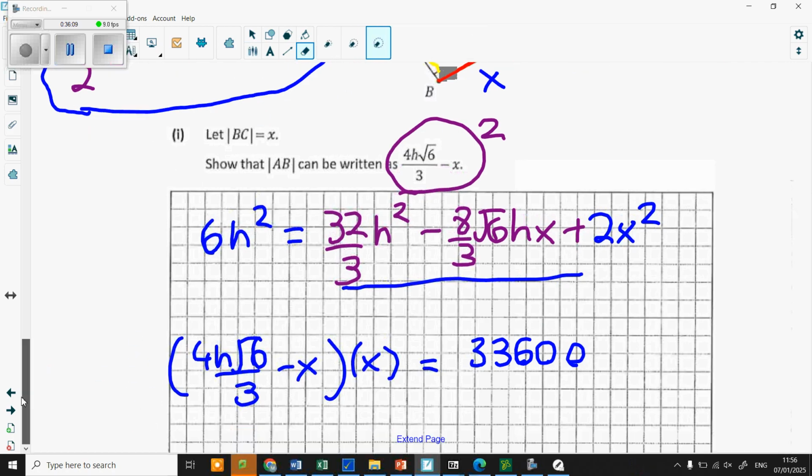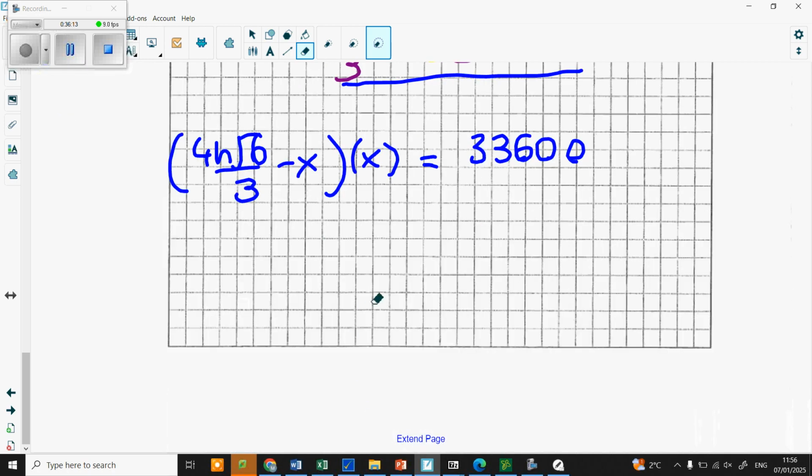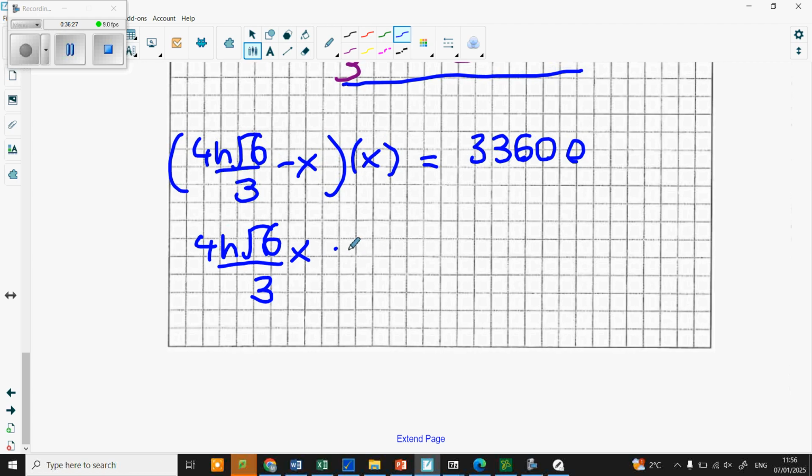Now, what can we do here? I wouldn't mind trying to eliminate the 2x squared. See the 2x squared? See the x squared down here?